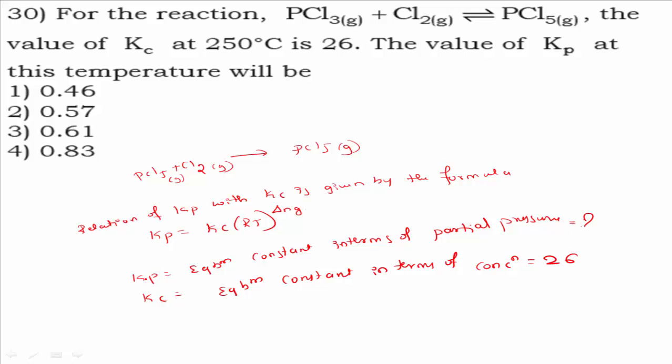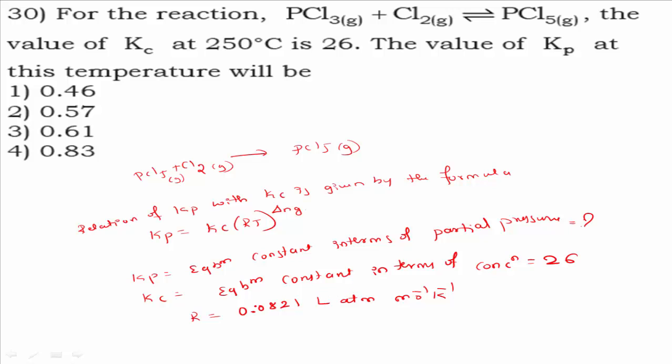R equal to the gas constant, the value is 0.0821 liter atmosphere per mole per Kelvin.